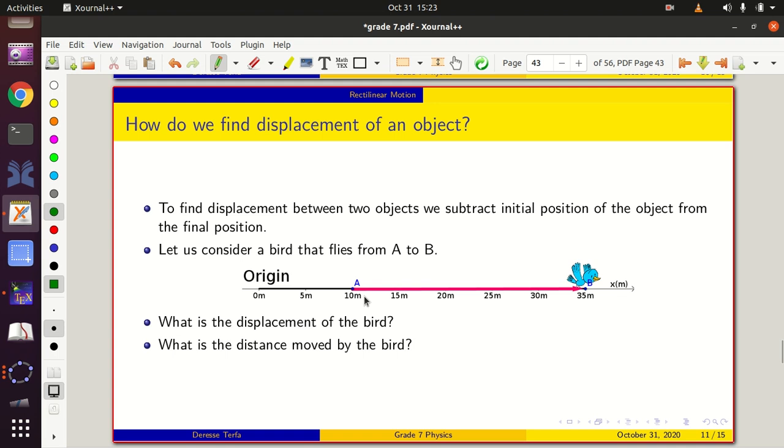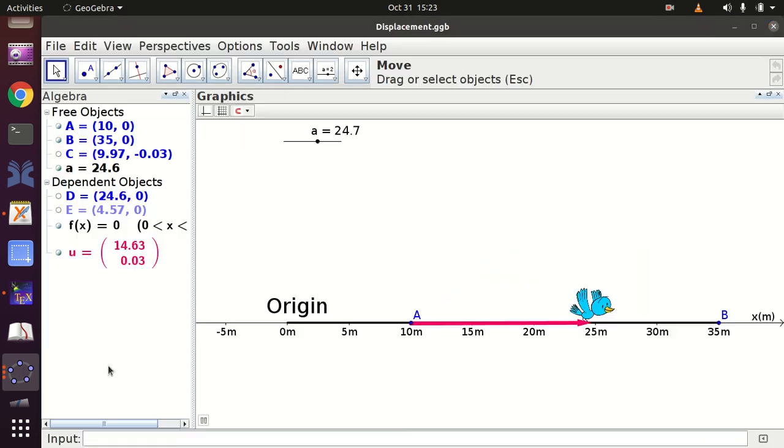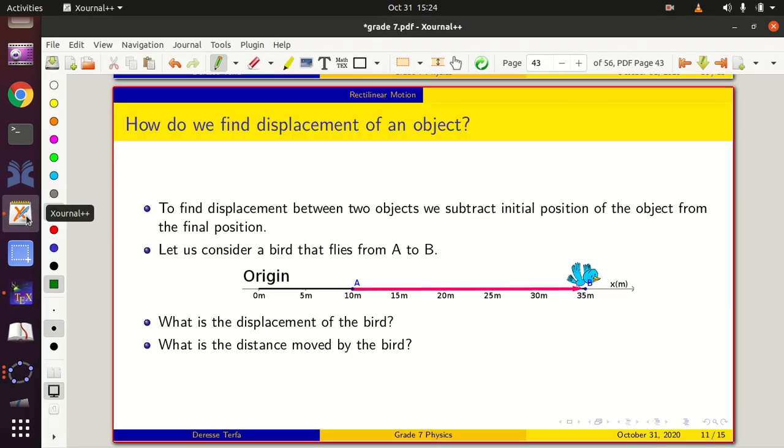This bird flies from point A to point B. Point A is the initial position, and point B is the final position of the bird.